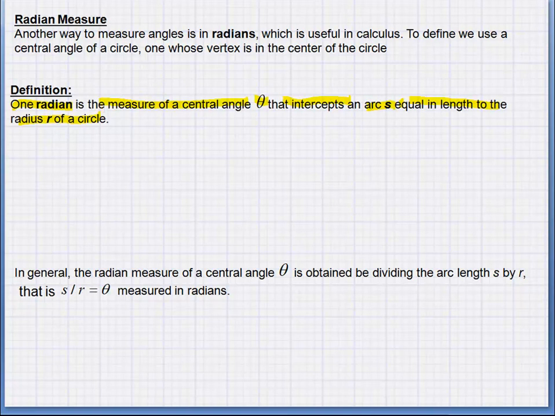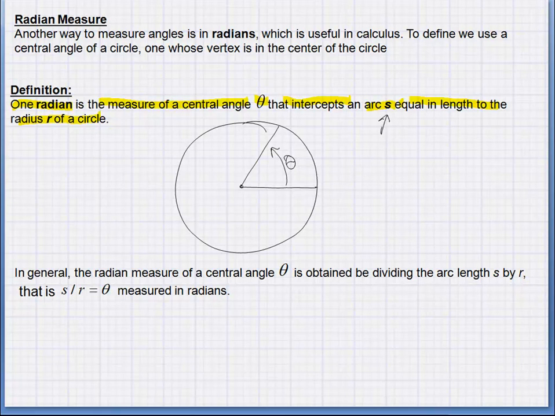The idea is this. I take a circle, and I look at some angle inside that circle. So let's say we have this angle here that goes around like this. This is my angle theta. That's what we call the central angle. That angle intercepts an arc s.